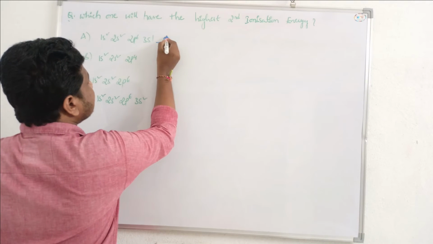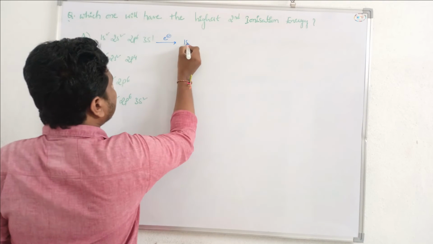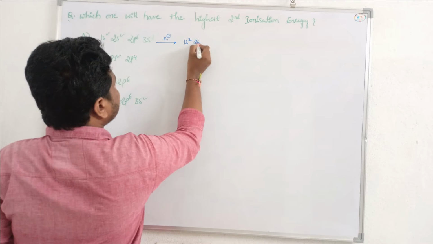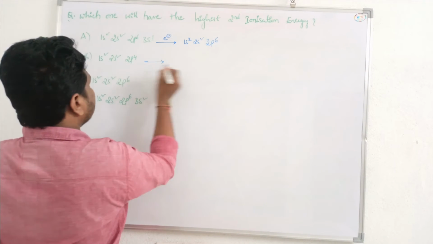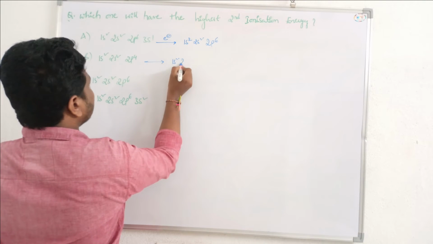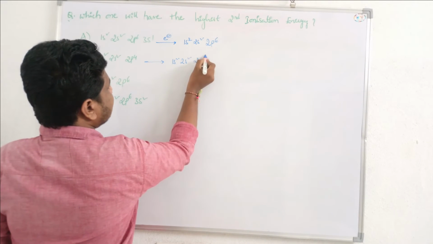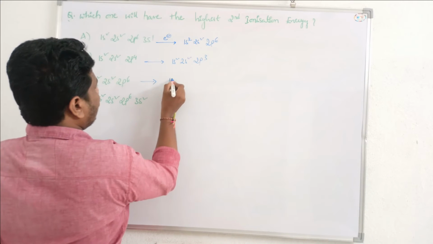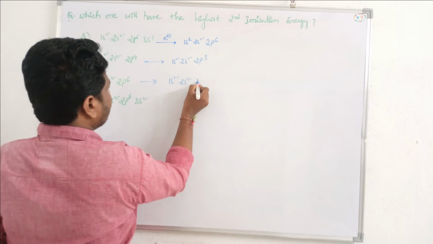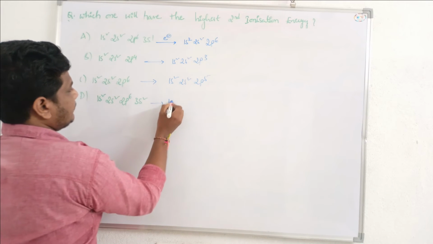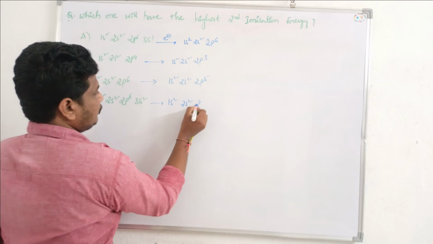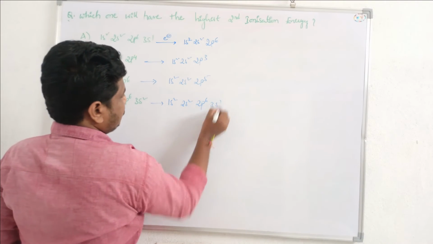it can lose one electron and it will be converted into 1s2, 2s2, 2p6. And here it will be converted into 1s2, 2s2, 2p3. Here 1s2, 2s2, 2p5. Here 1s2, 2s2, 2p6, 3s1.